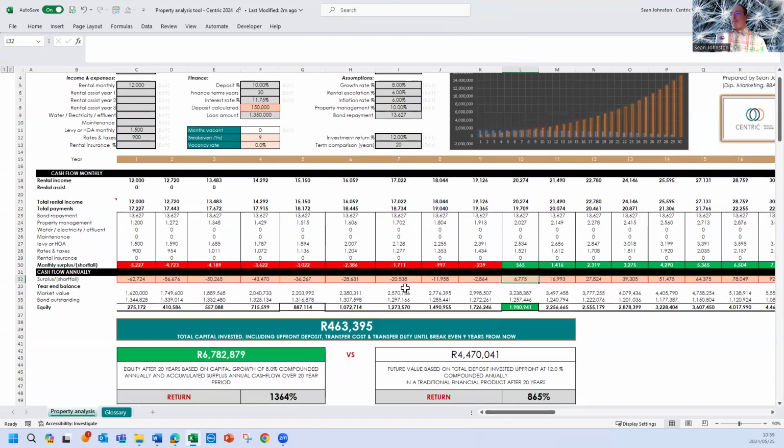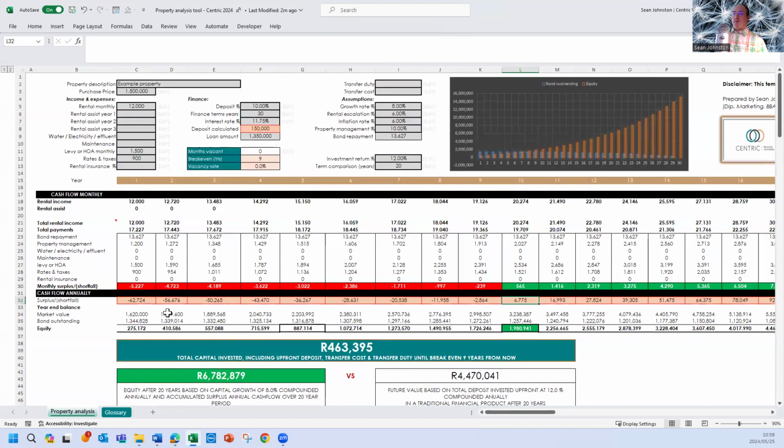Or 6,675. So what we want to look at now is, what is the total expenditure that I've incurred to get to this point? So we're saying 313,395. That is my out-of-pocket opportunity cost to fund this investment, to get it to the point where it can fund itself.